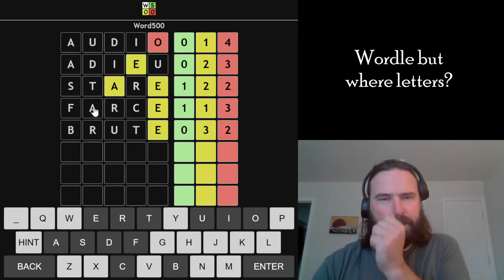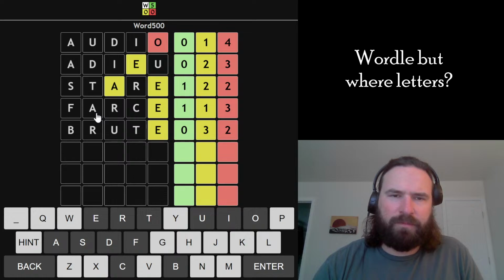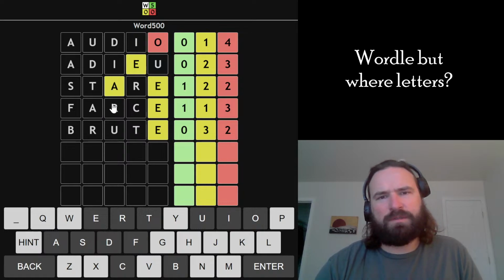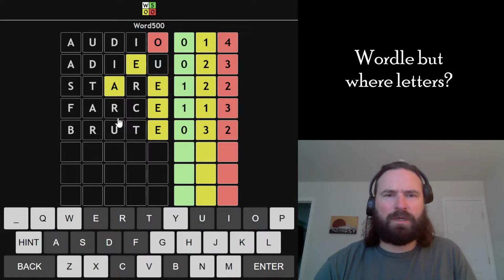So I somehow need to get a green from these two, which is maybe the thing I'm struggling with the most, because yeah, I don't know how to place these.